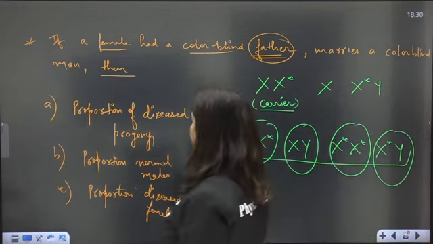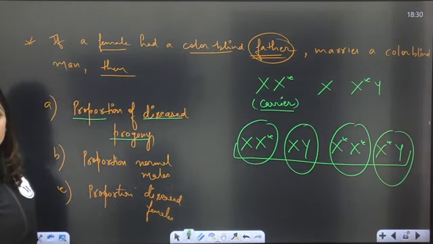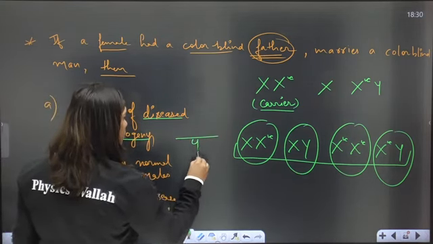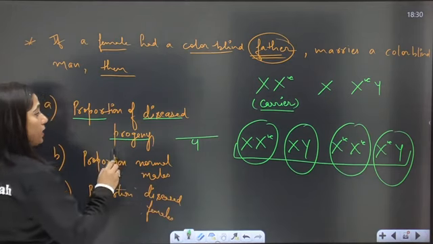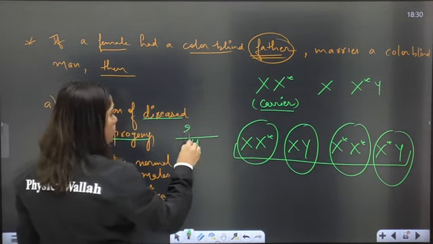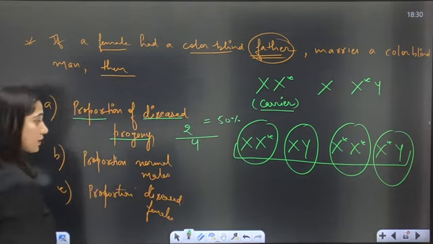Now we have to calculate the proportion of diseased progeny. Total number of progeny is 4, and 2 are diseased, so it comes out to be 50%.